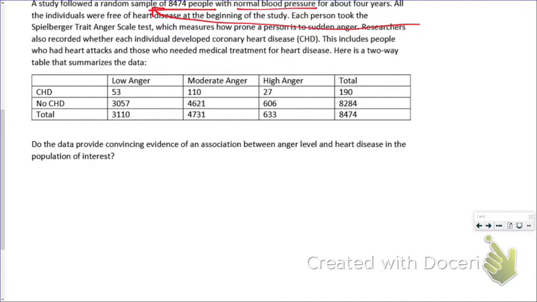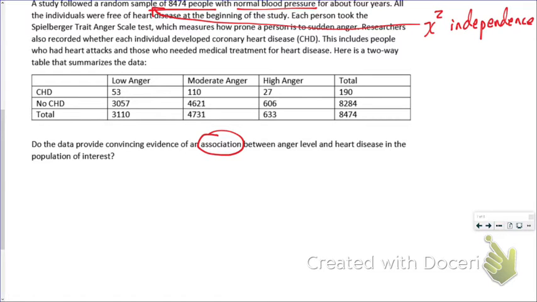That we are looking at chi-squared independence. Another hint, although it's not always correct, is they use the word associated down here. I've seen some questions where they mix that word up in their question. So you want to go off of how the sample was taken. But it's a hint. It's a way to get to the right answer. We're looking at people with normal blood pressure.